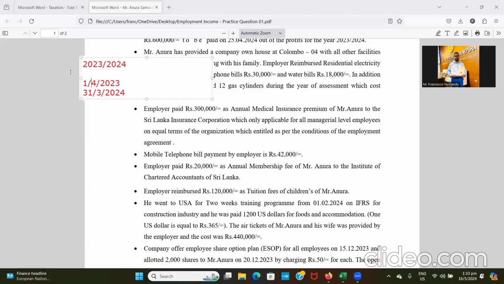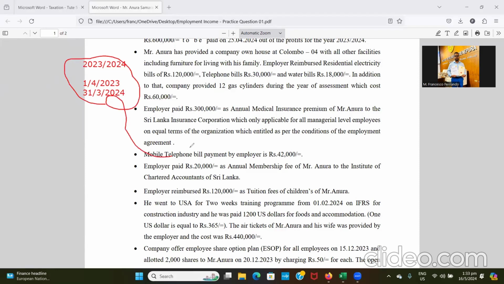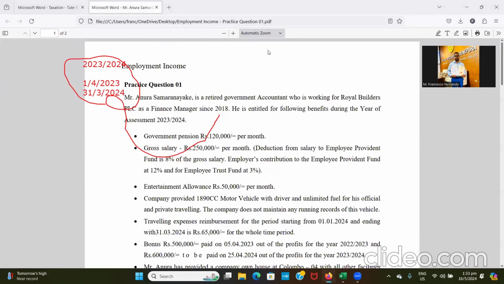Now tell me, based on this year of assessment, if we take the bonus, what is related to this period based on cash basis?